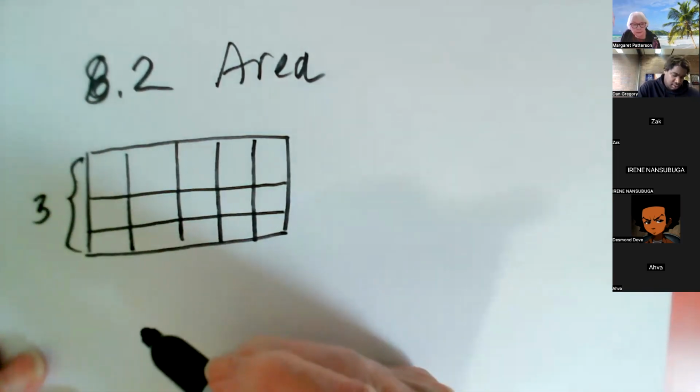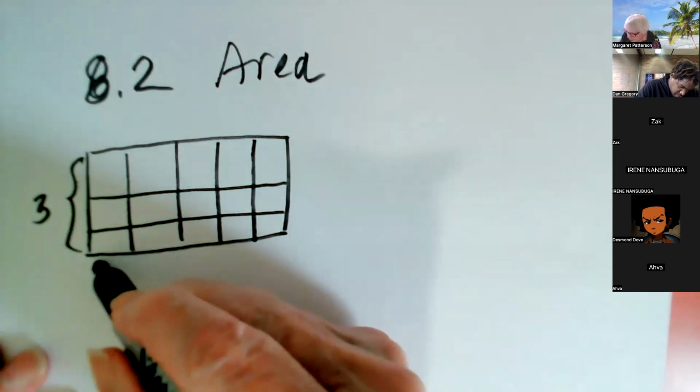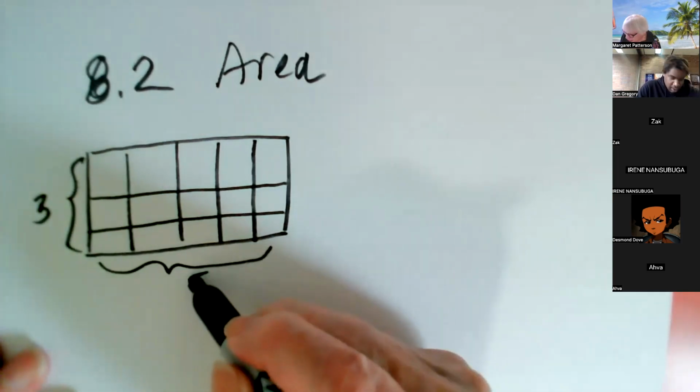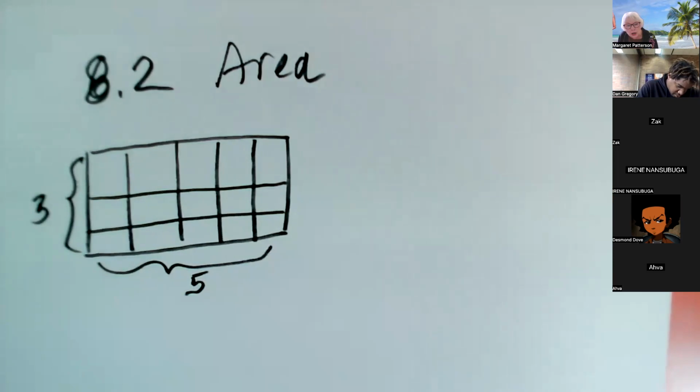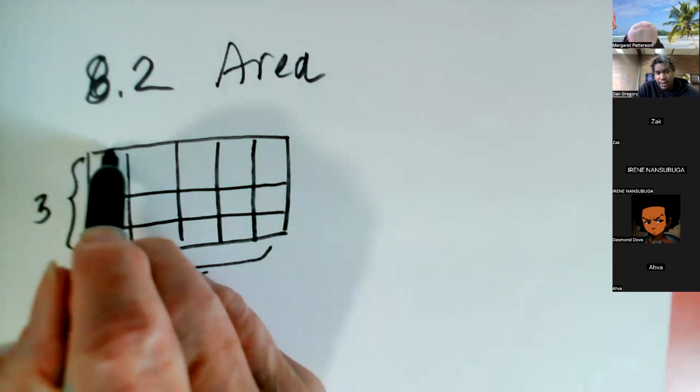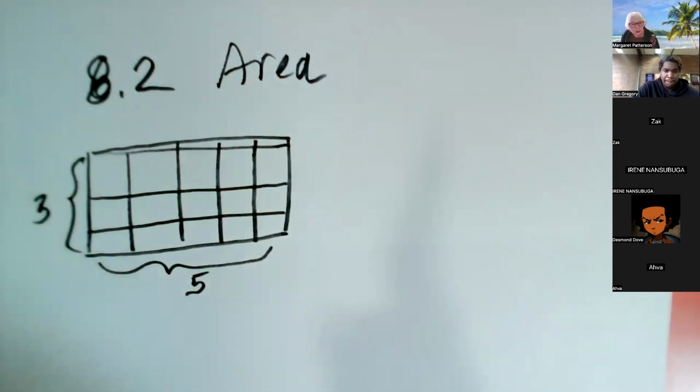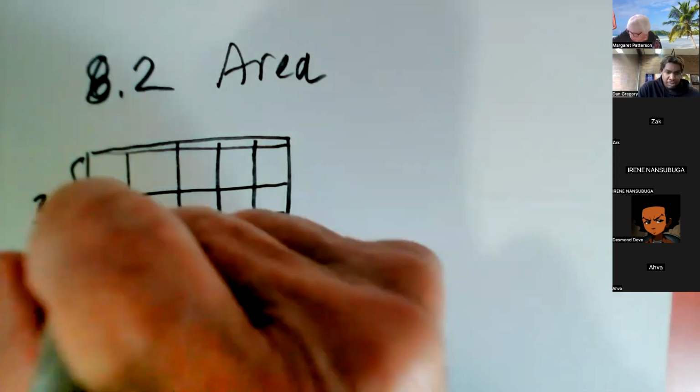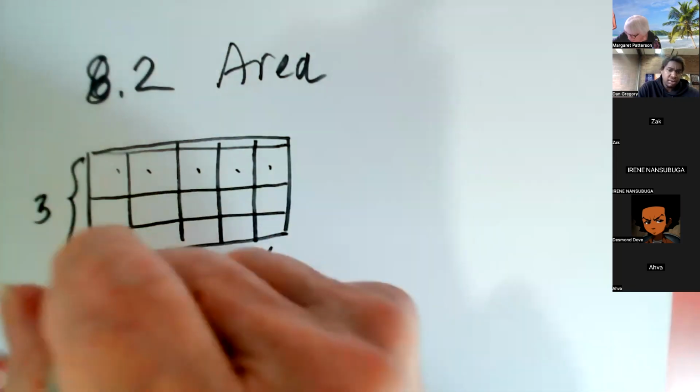If this side was 3 and this side was 5, the question is, how many squares would I have? 5 times 3? Exactly. 5 times, can you see, 1, 2, 3, 4, 5, 6.